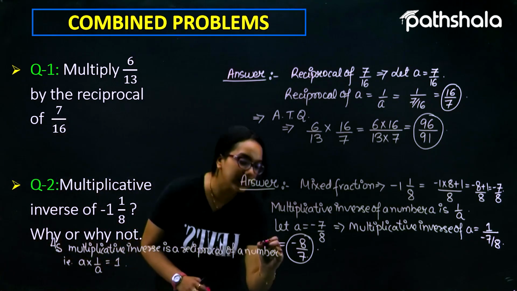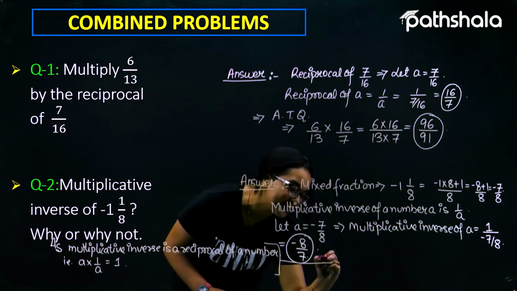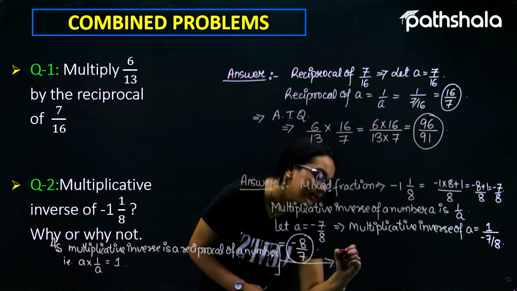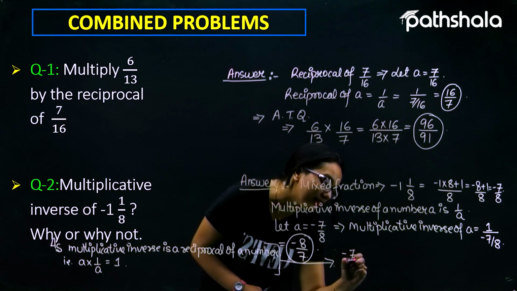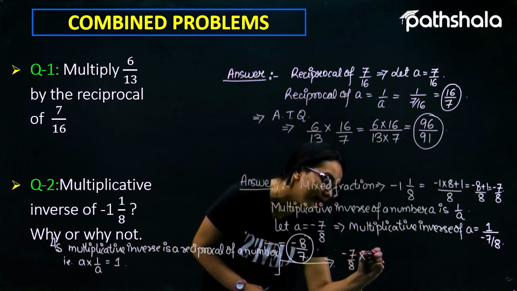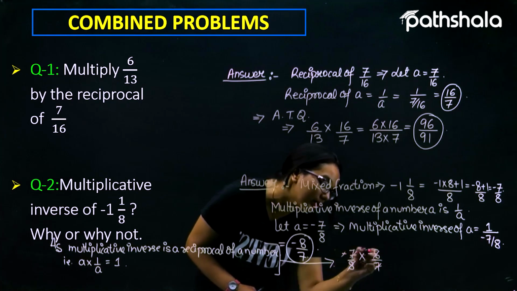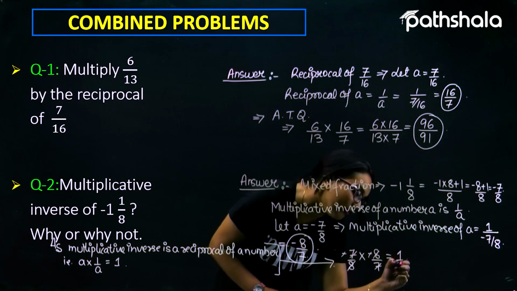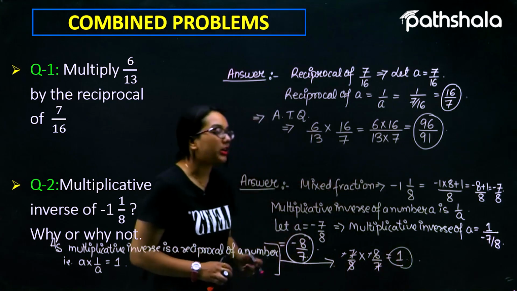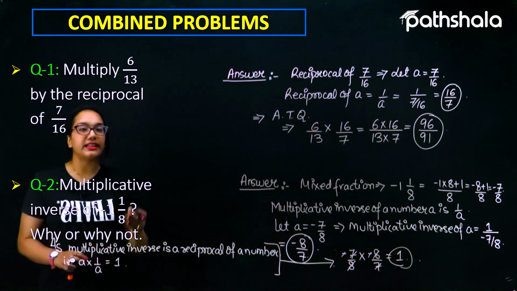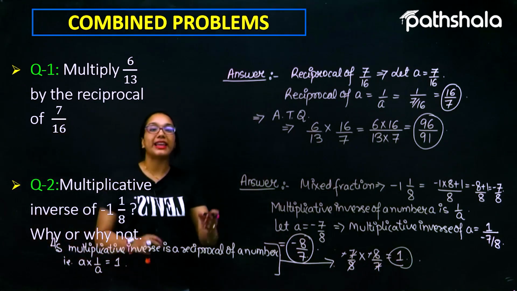As per this condition, whenever minus 7 by 8 is multiplied with minus of 8 by 7, the answer will be positive 1. So these two numbers satisfy the definition of multiplicative inverse.